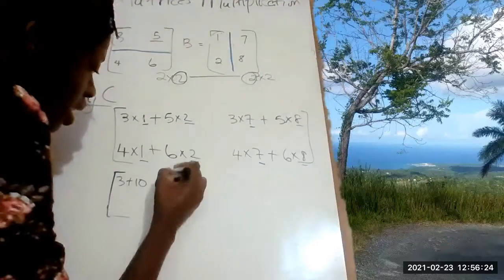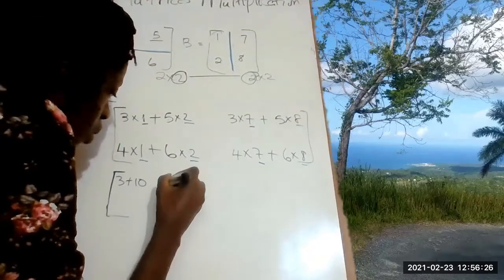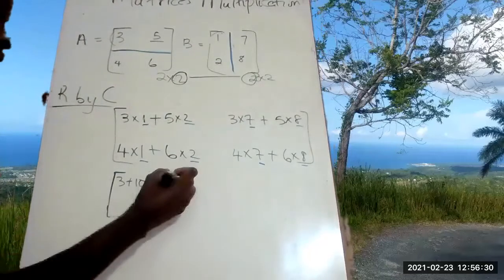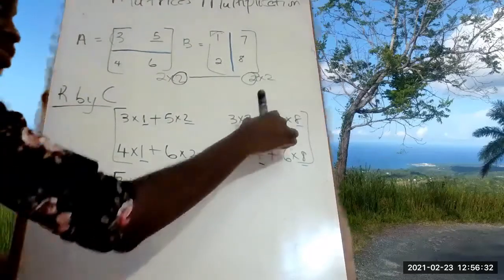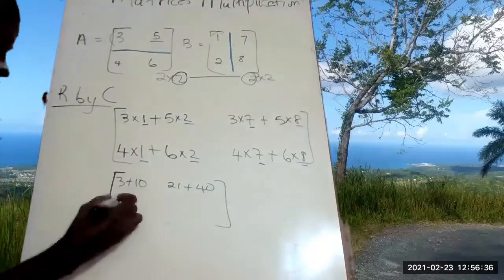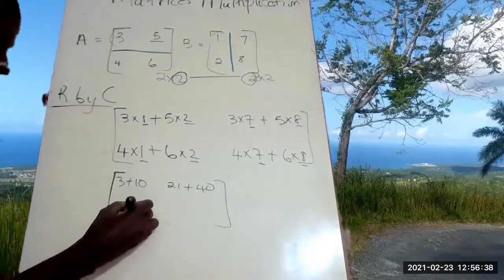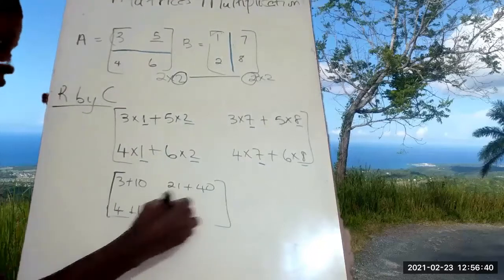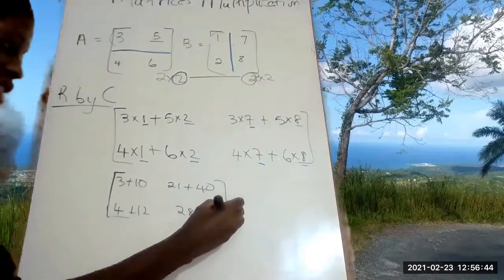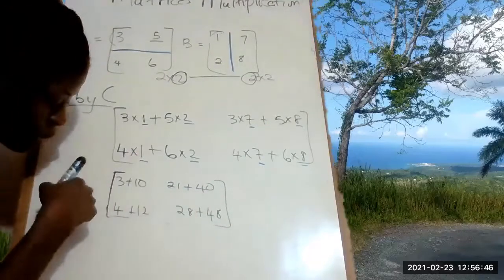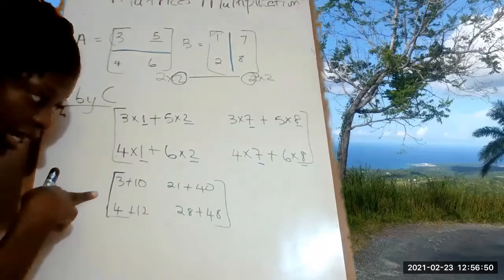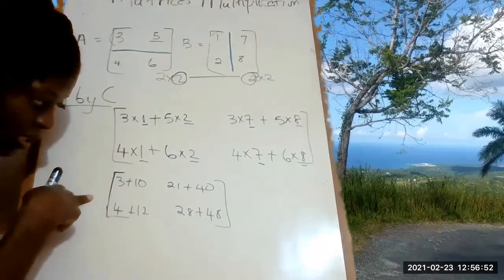On this side, we're going to have 3 times 7, 21, plus 5 times 8, 40. Down here, it's going to be 4 plus 12. Over here, 28 plus 48. I didn't have to put this line, but it's just for clarity. I could have just gone to the answer.